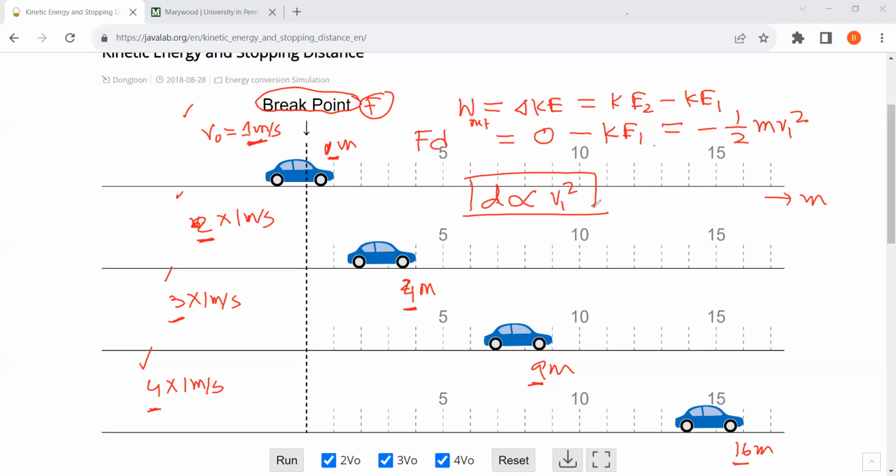When the velocity was 2 meters per second, the stopping distance is 4. When it was 3 meters per second, the stopping distance was 9, and so on. So you see how the stopping distance is related to the kinetic energy, which in turn can be proved from the work energy principle. All right.